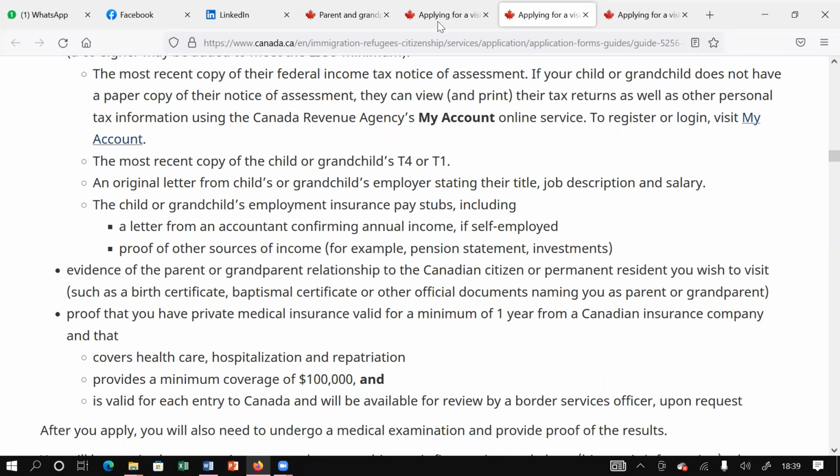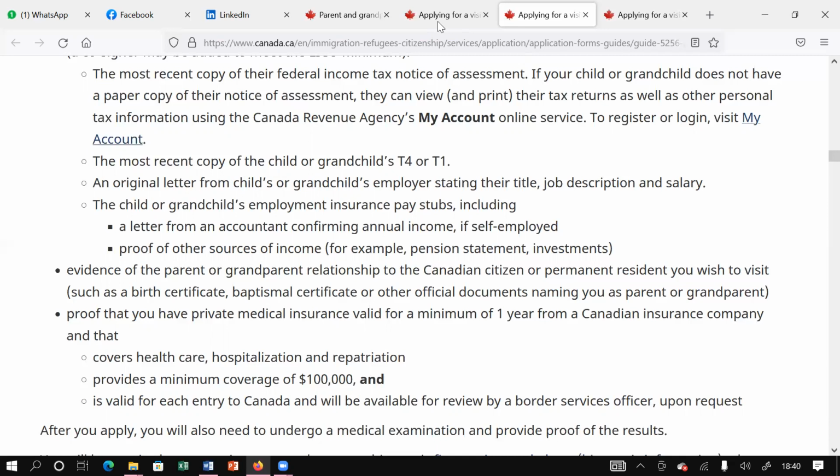Then proof that you have private medical insurance valid for minimum 1 year. Proof that you have private medical insurance for 1 year from a Canadian insurance company. Okay, so you have to have private medical insurance for a minimum of 1 year. It covers healthcare, hospitalization, provides a minimum coverage of $100,000 and is valid for each entry to Canada.